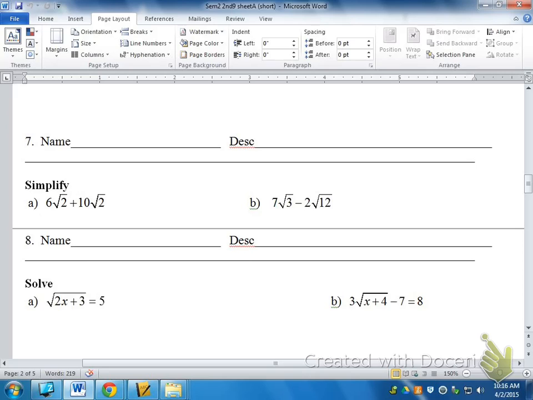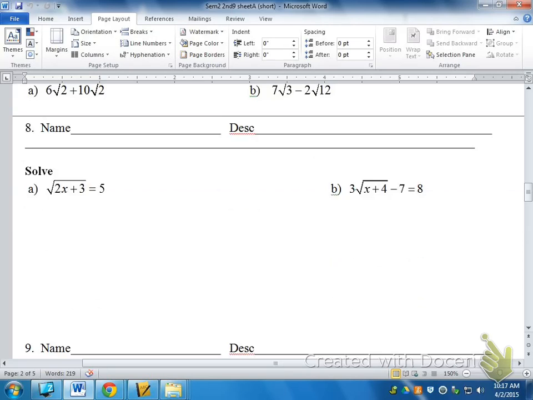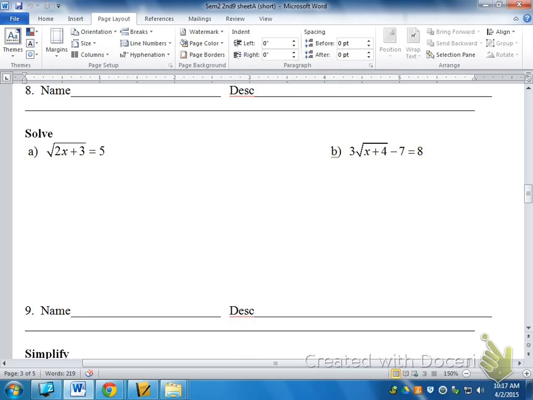Okay, let's look at number 8. Number 8 is solving radical equations. And we have already done this, I think, or a little bit of it. Here's what his description is. It's real technical. You ready?